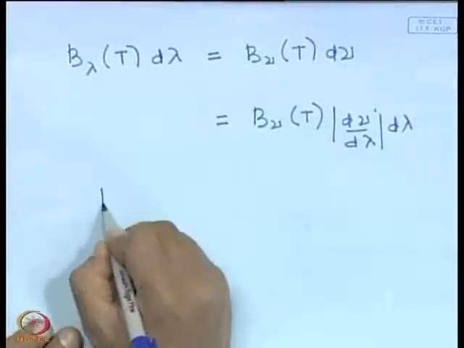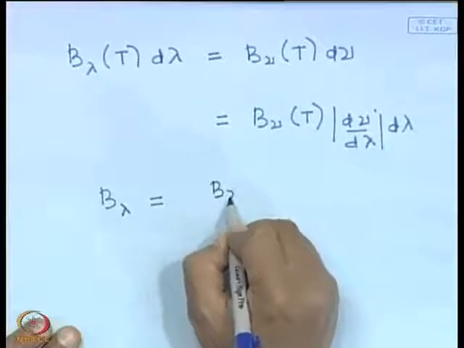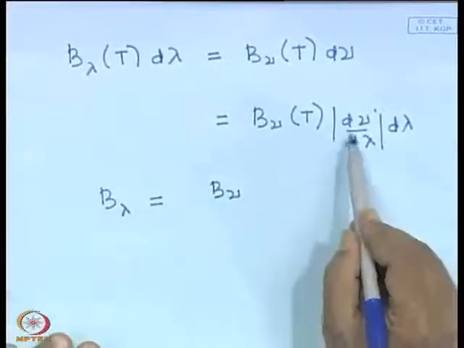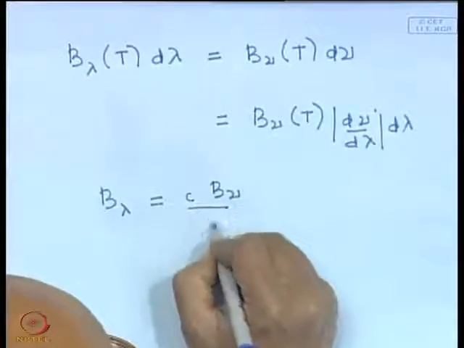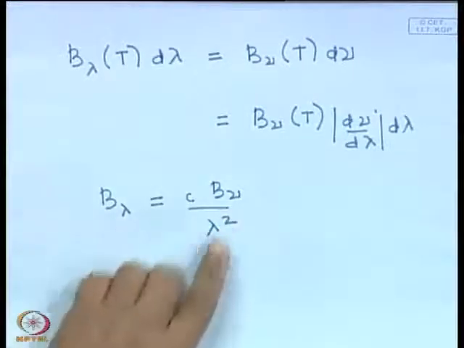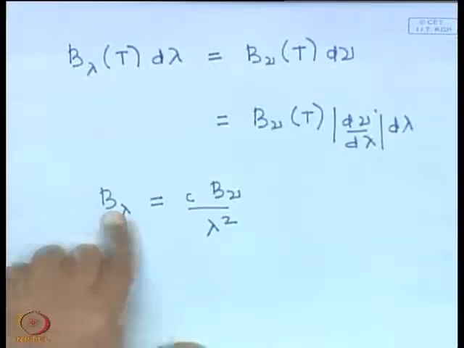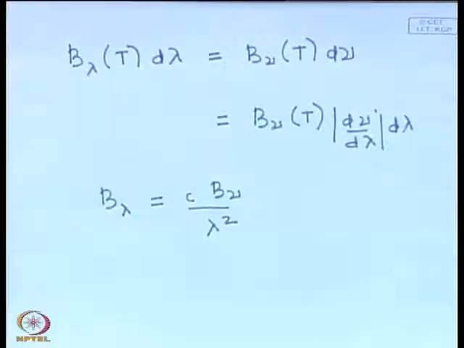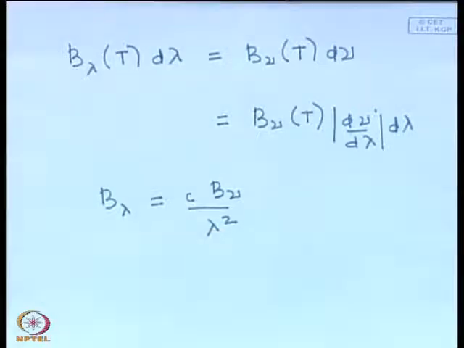So, which essentially tells us that B lambda is equal to B nu times this, and if you differentiate nu by lambda, you will get C by lambda square. Okay, so these are two different quantities. Not only do you write it as a function of lambda, but it also tells you the energy arriving in a unit wavelength interval, whereas the specific intensity that we have been dealing with tells us the energy per unit frequency interval.